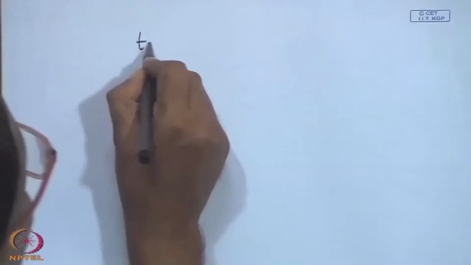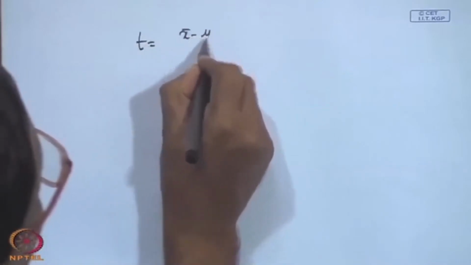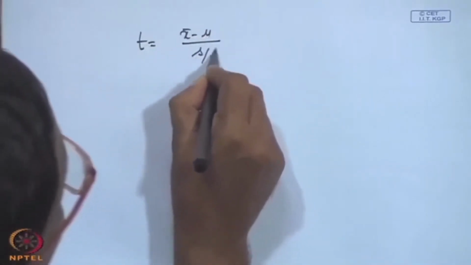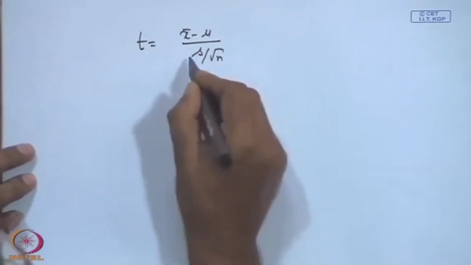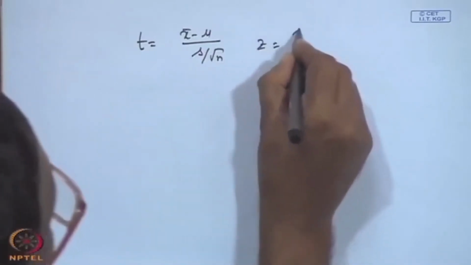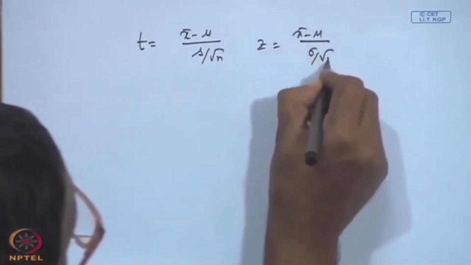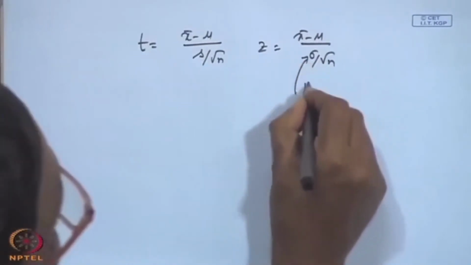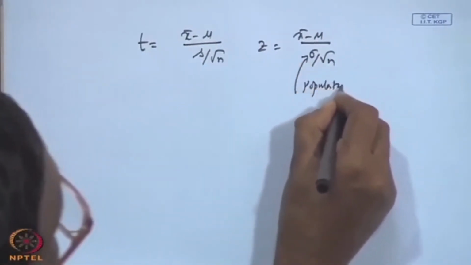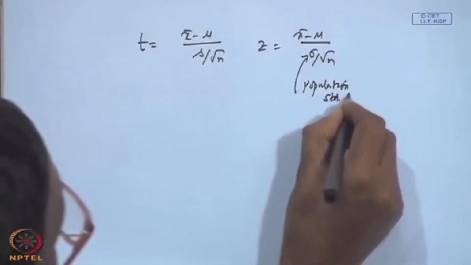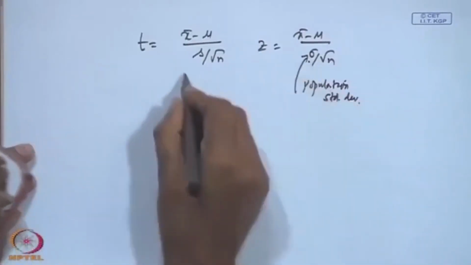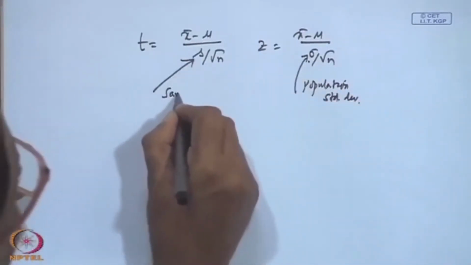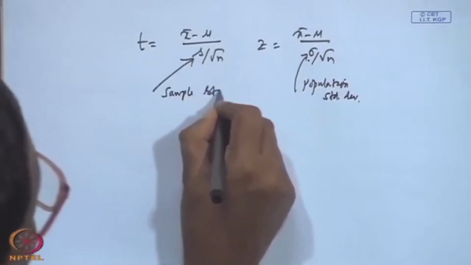Now, in the t case, what is happening? Suppose x bar minus mu is there, but sigma is not known, you are using s. In the z case, x bar minus mu by sigma by root n, this sigma is the population standard deviation, but this is not known, so instead you are using the sample standard deviation in the t case.